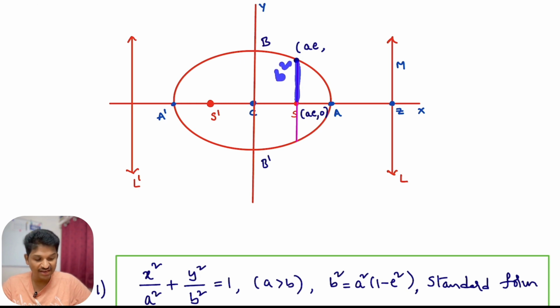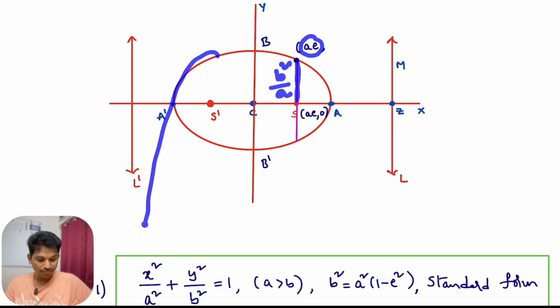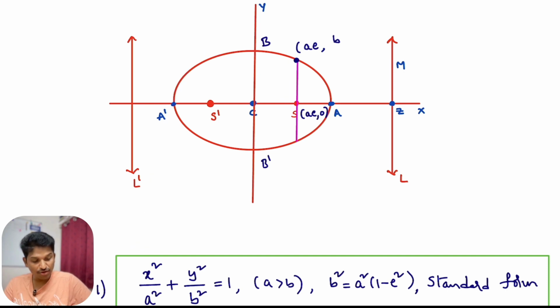This y you will get as b square by a. I'm not deriving this, but if you substitute this x value in the standard form of equation of ellipse, you will get the y value as b square by a. So one endpoint of latus rectum we already got. As this length is b square by a, and the ellipse is symmetrical about the coordinate axes, this length is the same as this length.